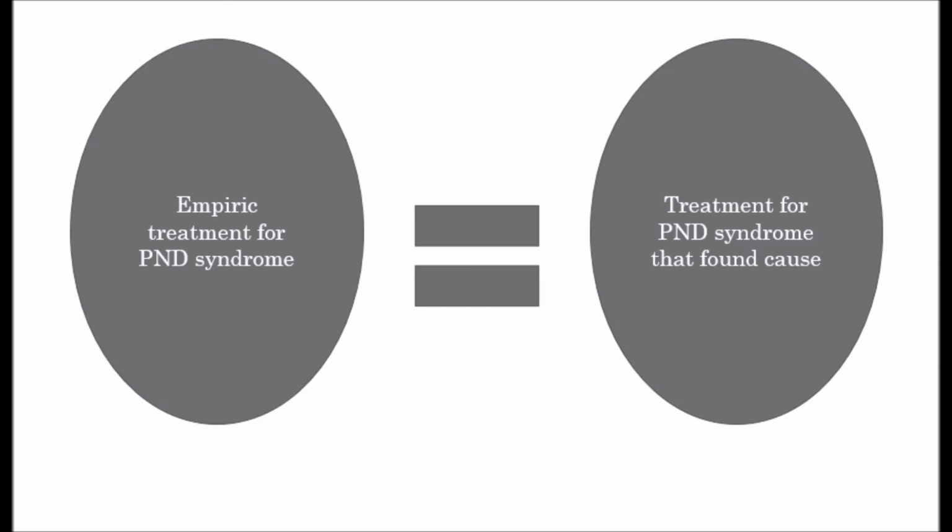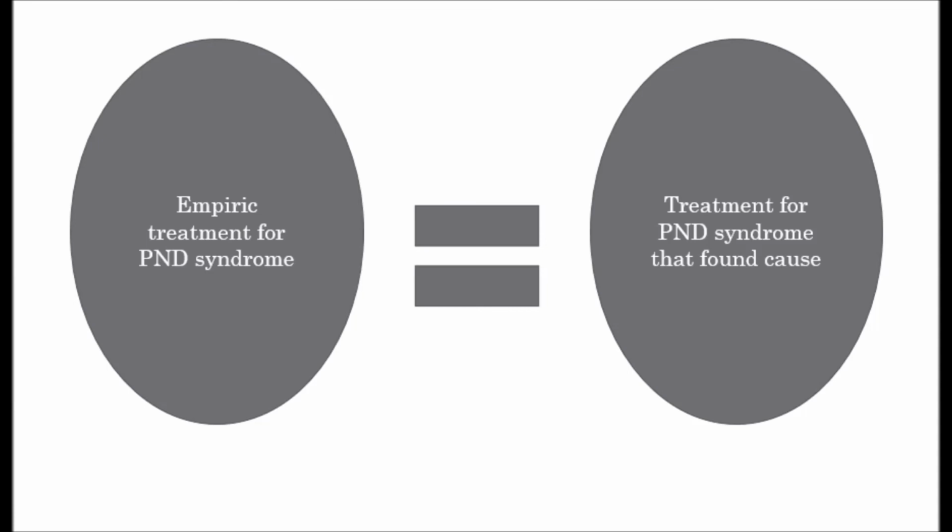There was no statistically significant difference between the 2 groups in the chi-square test for VAS improvement.